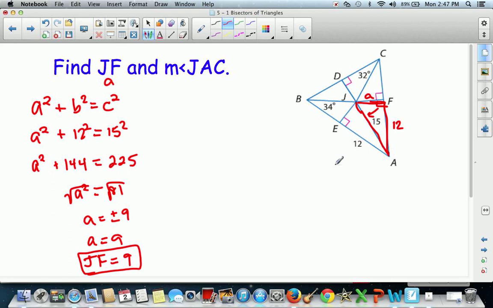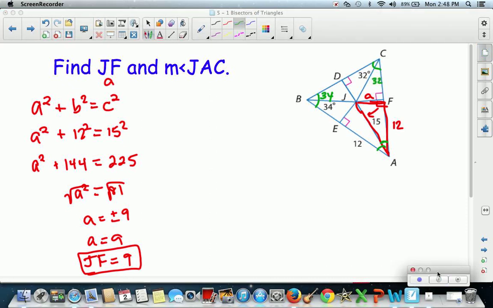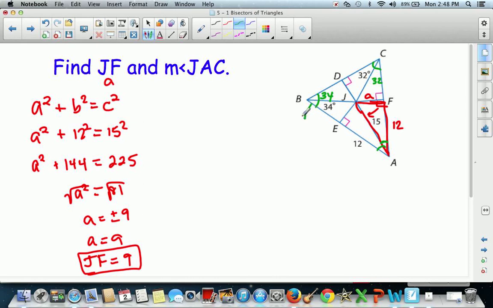Now what about angle JAC? JAC is this portion right here. How am I going to find that angle? Well, let's go ahead and look at the big triangle, all these three angles. I know that this is 34 here. Since it's an angle bisector, I know this is going to be 34. So here we know that this angle is going to be 68.